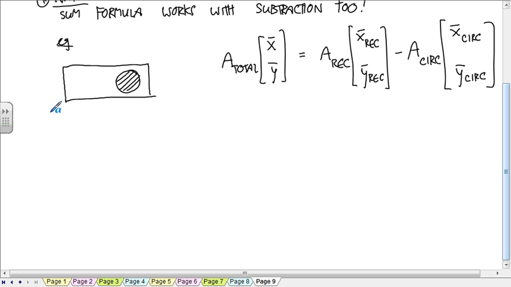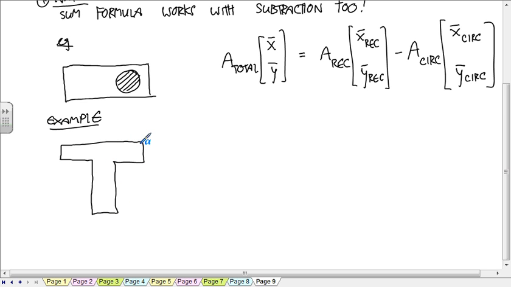Okay, so let me do one example here. Let's say that we want to calculate the centroid of this T-shaped thing.